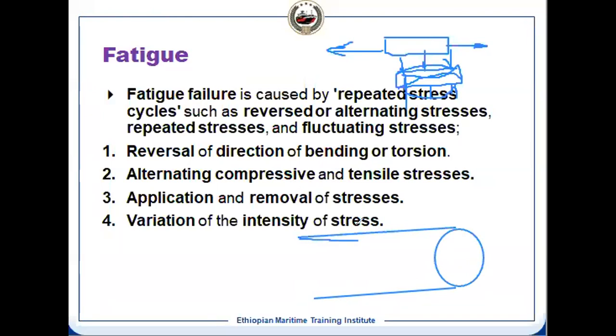Sometimes it will be under compression. Once it is under compression, this will move in this direction, and this will be tensile. Once it is in tensile, this will try to move in this direction. So this will be the force acting on it.